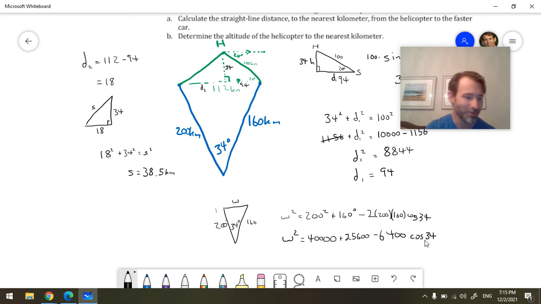It's better than the one on my phone. Okay, multiply this by cos 34 equals.